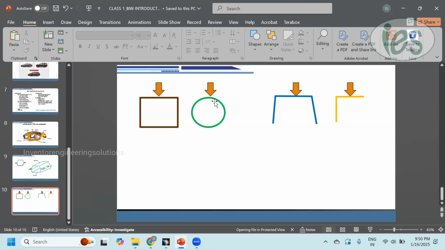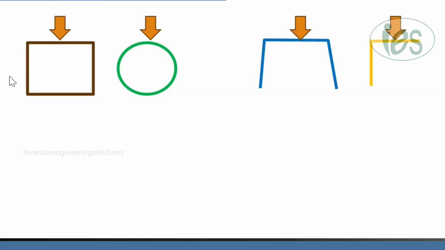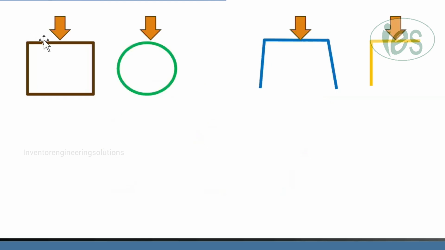So for better strength and stiffness, we have to keep our structure completely closed. But the BIW structure is made up of stamped parts, and multiple parts are mounted on it. We can't make stamped parts as a single closed structure like this.